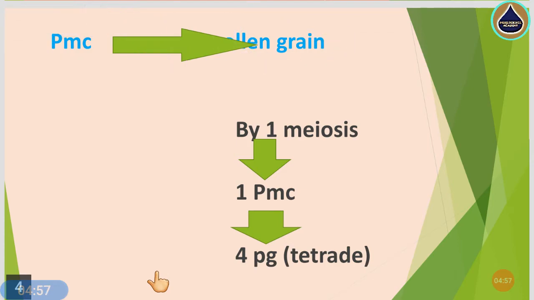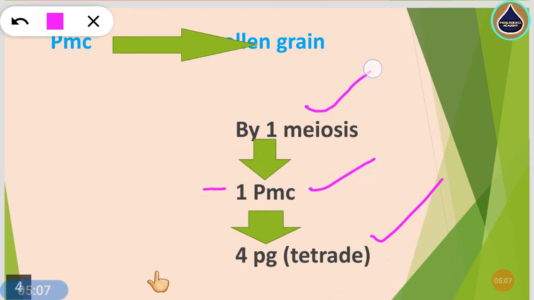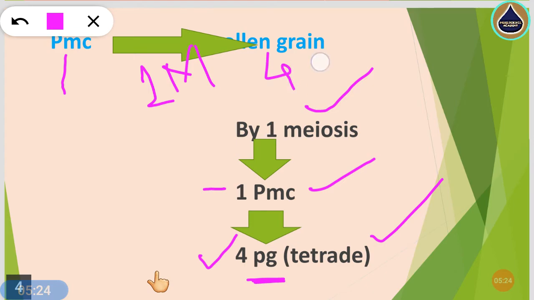Now we'll see the calculation for the pollen mother cell. One pollen mother cell, by one meiotic cell division, converts into 4 pollen grains. I hope you are understanding. This is the formula.